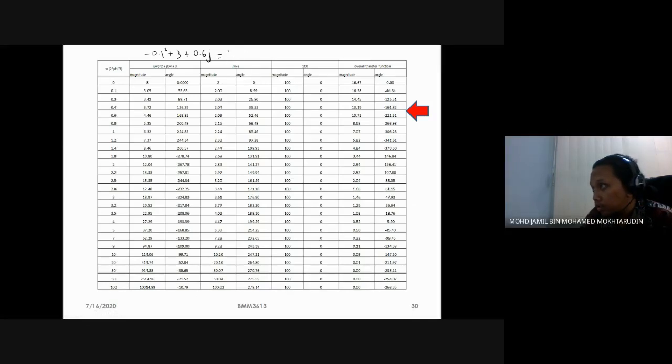So 2.99 plus 0.6j. Okay, after you get this value, then you sketch roughly in S-plane. So 2.99 somewhere around here, 0.6j maybe somewhere here.